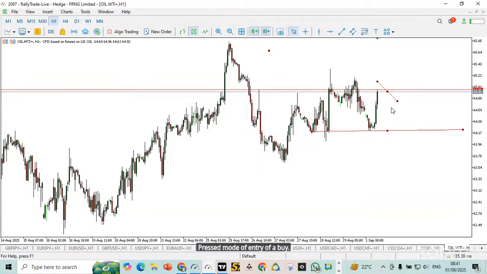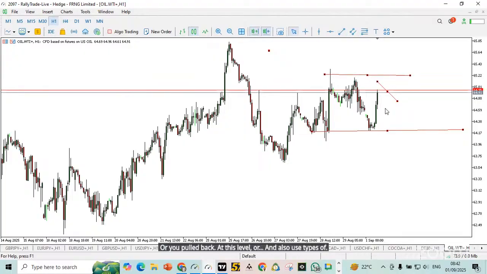Either you have a pullback at this level, or you can put a buy limit at this level, or you can also use a buy stop. All of these are ways that I can use to get into a buy for oil, right?